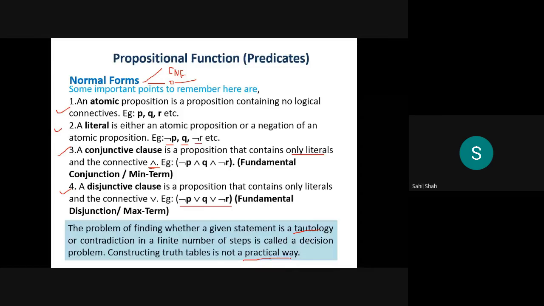I said it will be fine if you are having two or three prepositional variables, but as the number of variables goes on, it will be impacted. That is the reason why we are learning these normal forms. I hope you have taken a screenshot of this slide and we can further move on. These definitions we will require certainly.